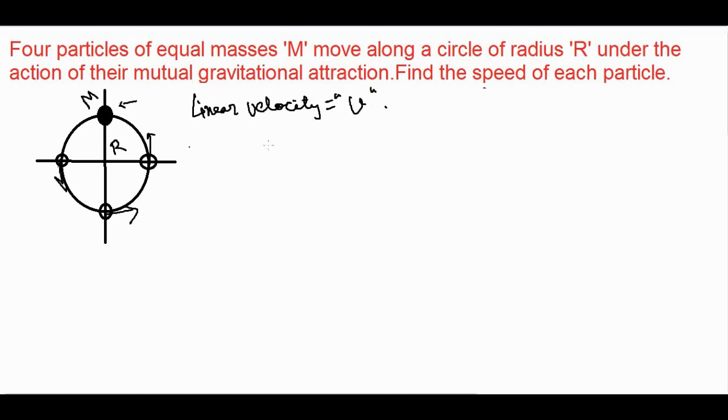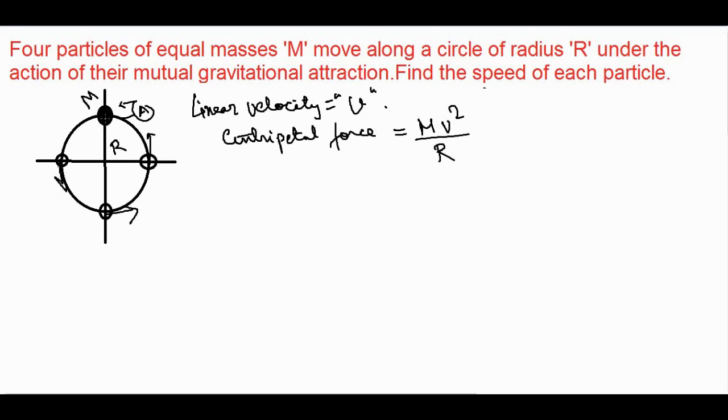So the centripetal force acting on this particle, which I name particle A, is equal to m v square by r, where m is the mass of this particle.